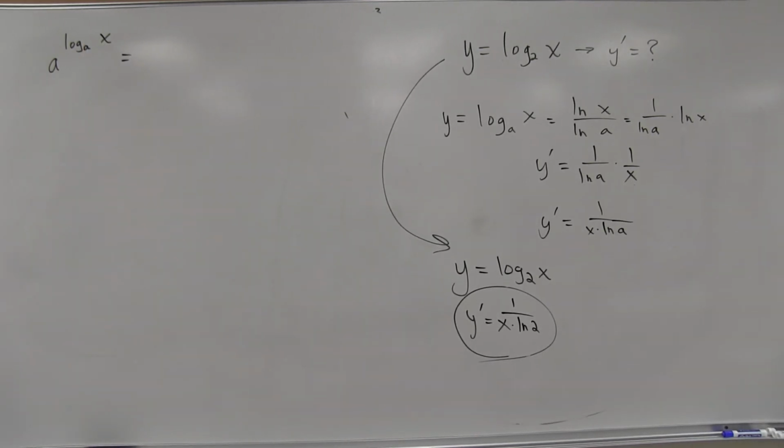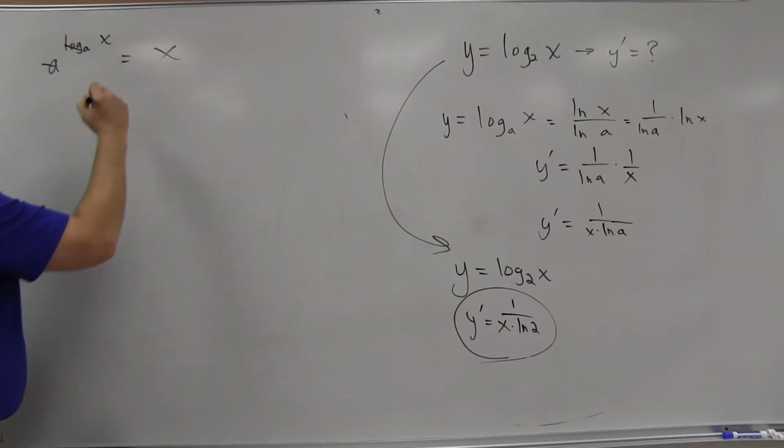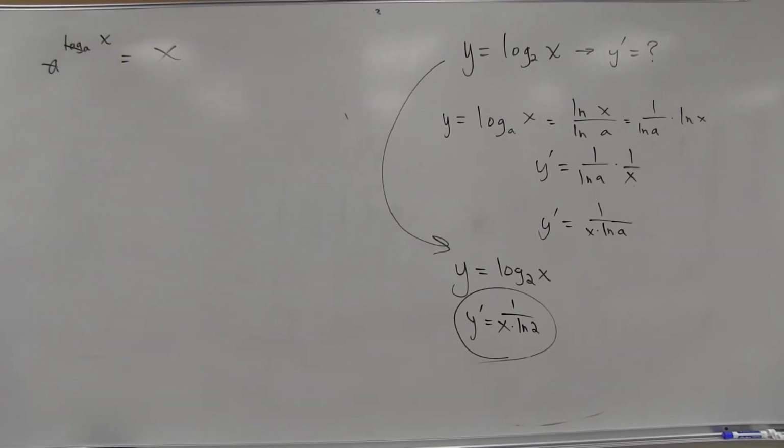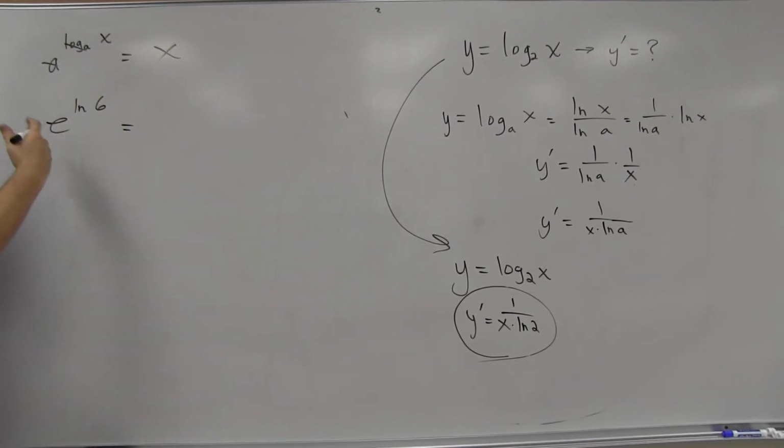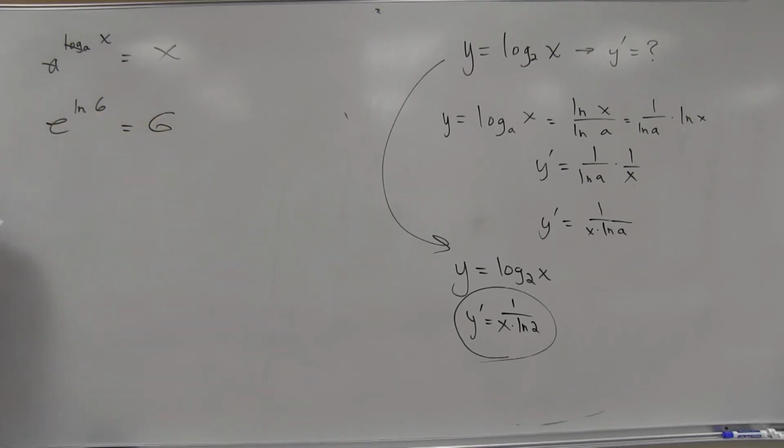Since they're inverse operations, I've got a to the power of log base a of x, those cancel out. That's just x. So e to the ln of 6, same idea. The e and the ln, those are inverses, so those cancel out, so you just wind up with 6.